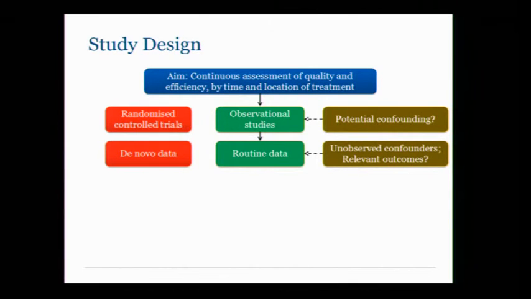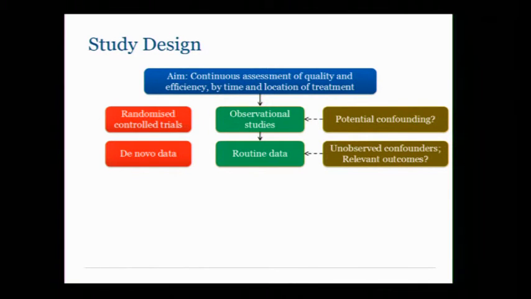Secondly, what kind of data can we collect, or what can we use? Again, the ideal would be what we call de novo data, where we say, right, this is the patient population we're evaluating, these are the outcomes we're interested in, this is the data that we should be collecting to inform that evaluation.